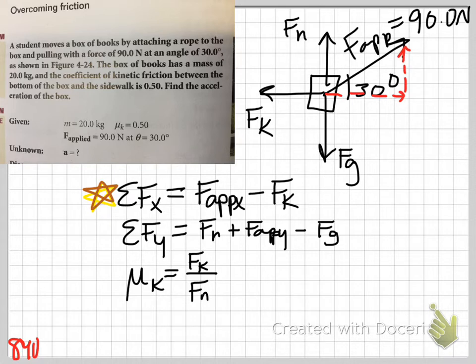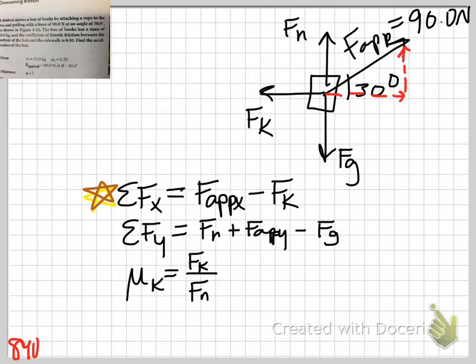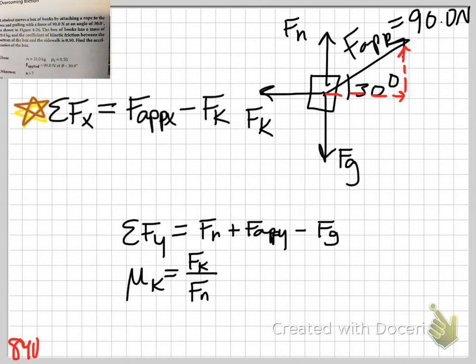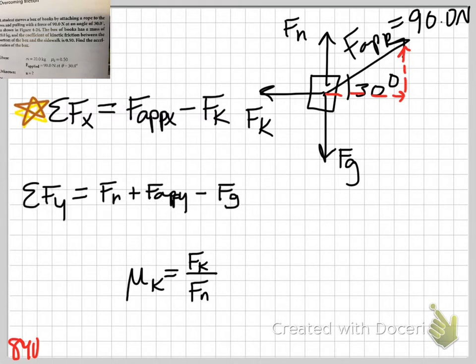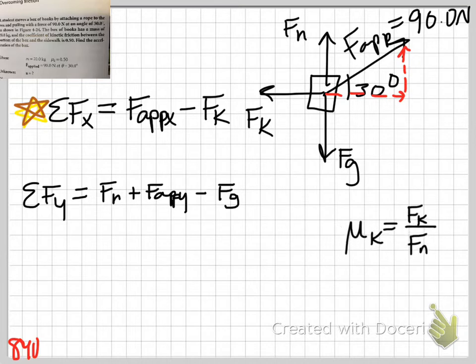Fortunately, that's all on one axis, so that's not so terrible. And the mu k in this case is probably going to be something that I use to create an expression that I can substitute back in.